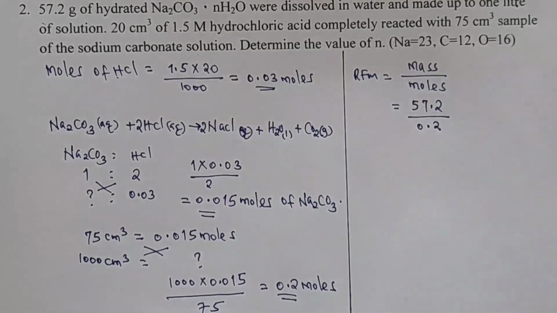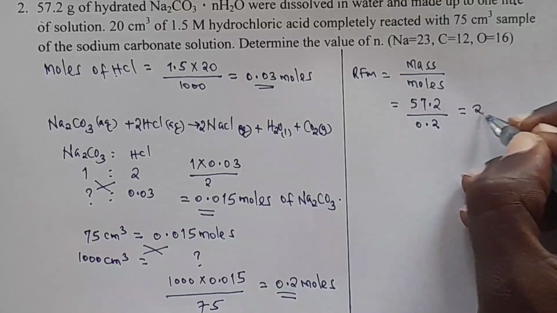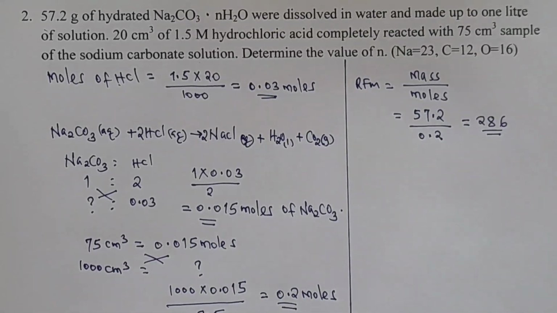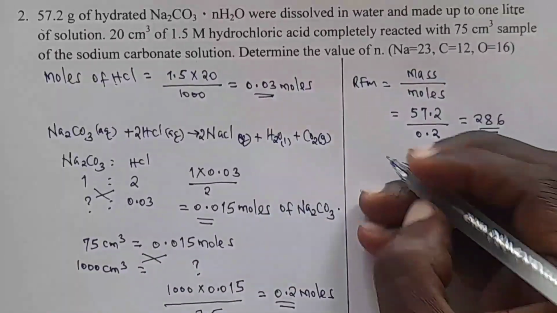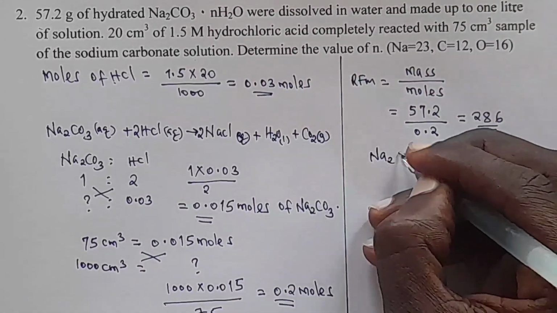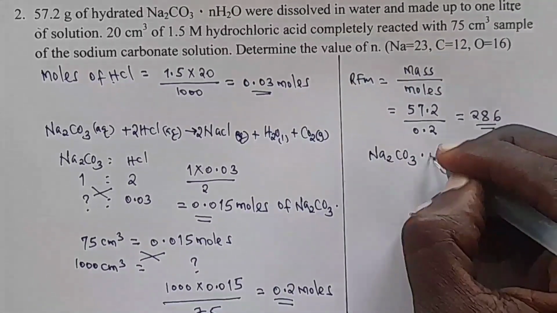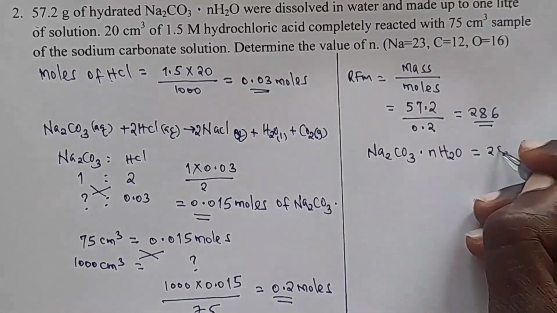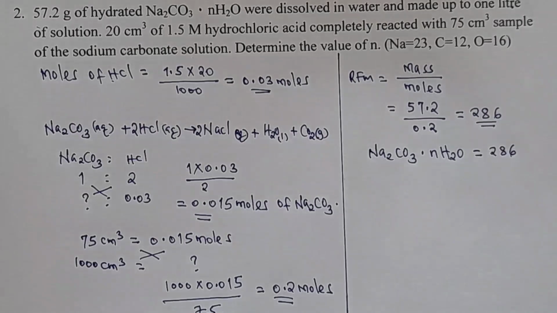So this one will give us 286 as our RFM. So we can write the formula of the hydrated sodium carbonate like this. All this will have an RFM of 286.